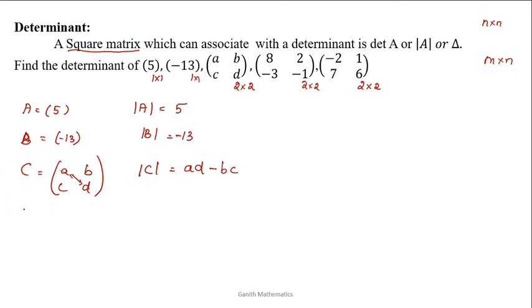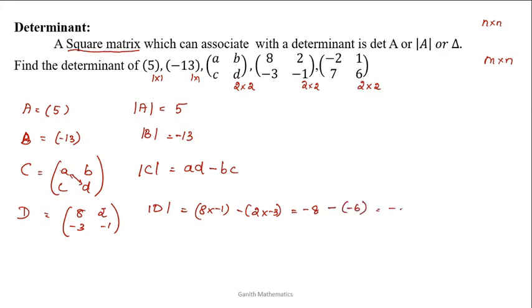Then we'll move to the next problem. D is 8, 2, minus 3, minus 1. So modulus of D is 8 into minus 1, minus 2 into minus 3, if I expand it. 8 into minus 1 is minus 8, and minus 2 into minus 3 is minus 6, wait, the product 2 into minus 3 is minus 6, and subtracting it gives plus 6.